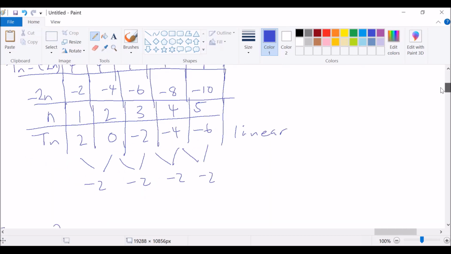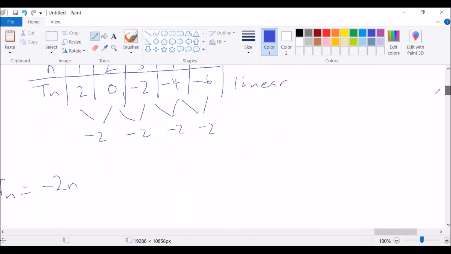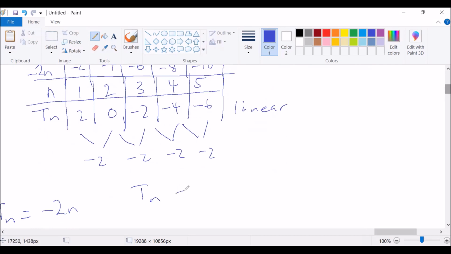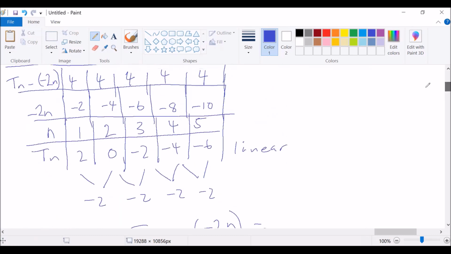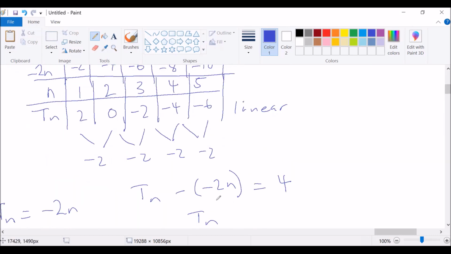We can now say for this sequence, Tn minus minus 2n is equal to 4 always. Minus minus is plus, so Tn plus 2n is equal to 4.